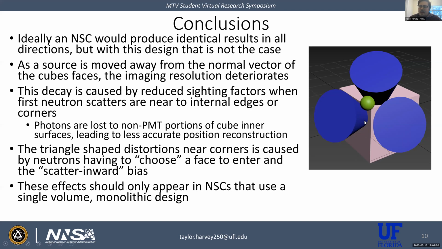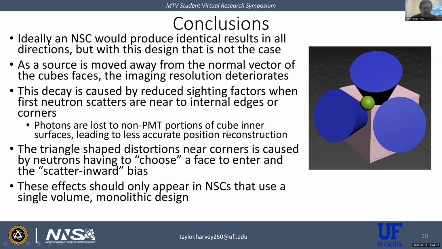But when a neutron enters, it has to scatter inward, so it has this bias for it to be counted. Scattering inward while entering any of these 3 faces causes a sort of triangular bias, illustrated by these 3 cones here. These are like an average cone generated when the neutron enters each of these faces, and you don't see that when neutrons move through the face.